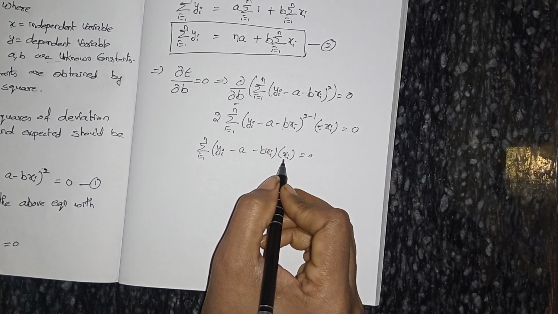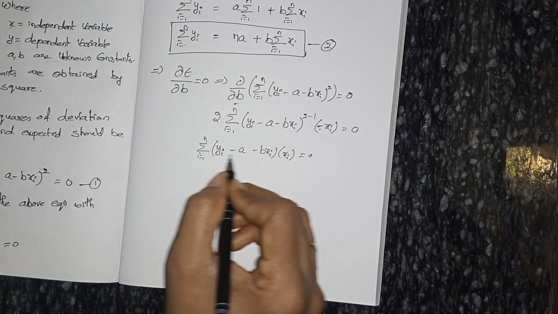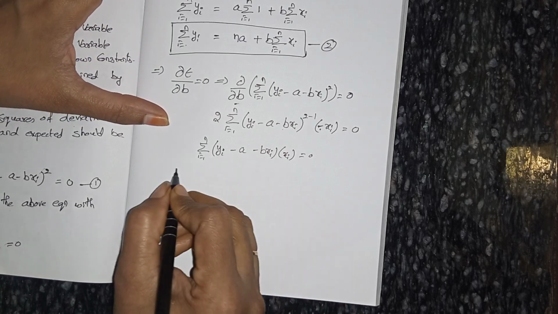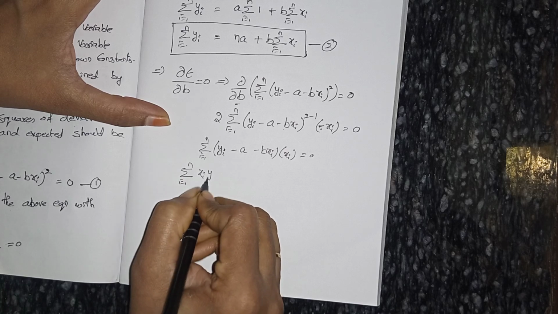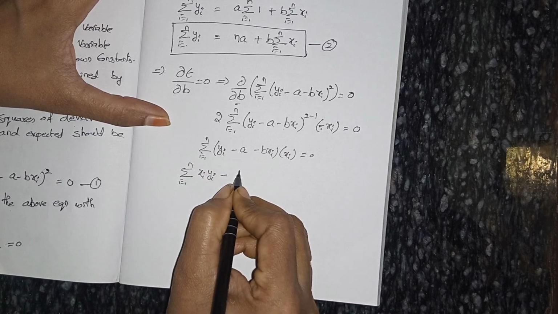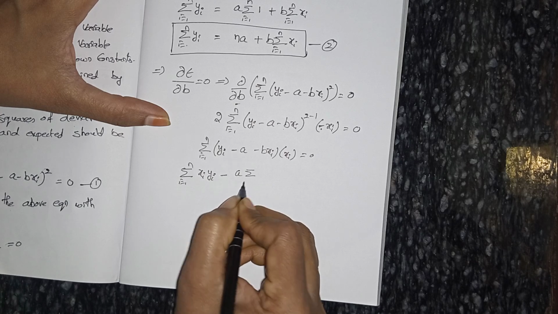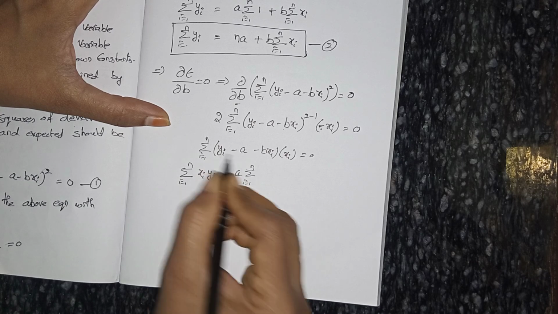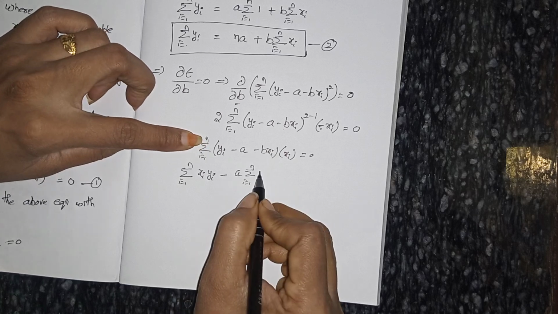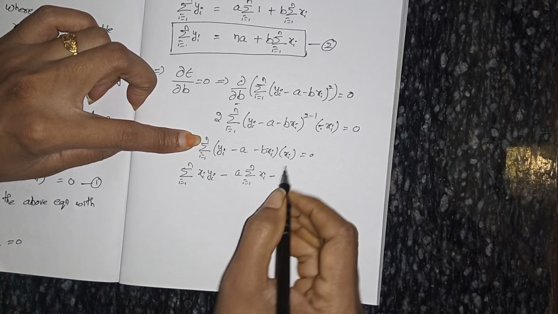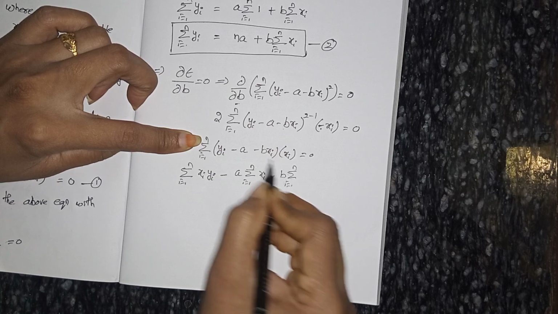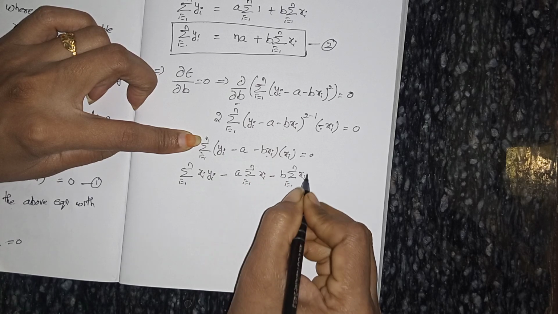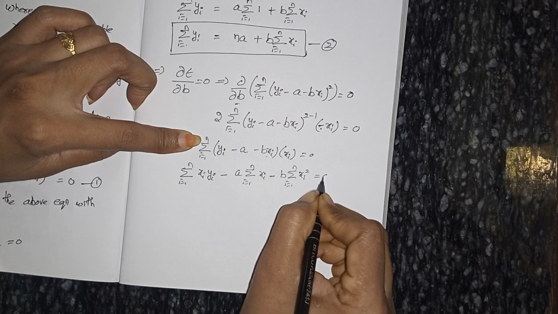Okay, now we have to multiply this xi with the whole term, this summation and xi. So summation i equals 1 to n xi yi minus a, a is constant, so a summation i equals 1 to n xi. Okay, minus b, again constant, so summation i equals 1 to n xi into xi is nothing but xi square, that equals what? 0.